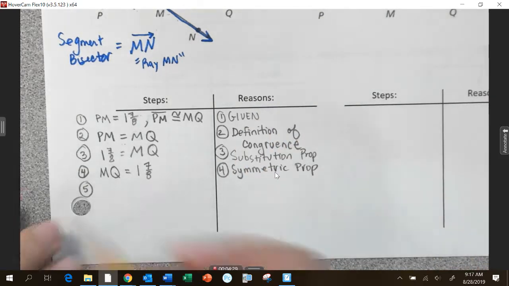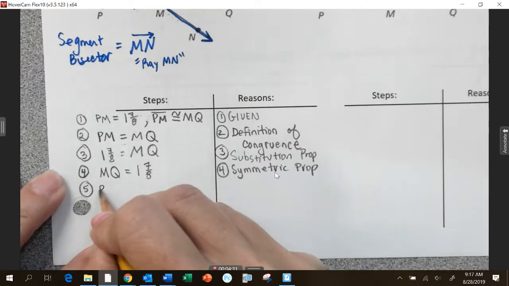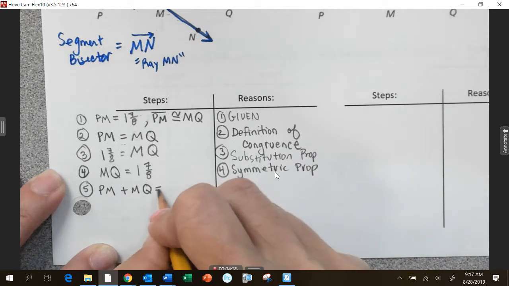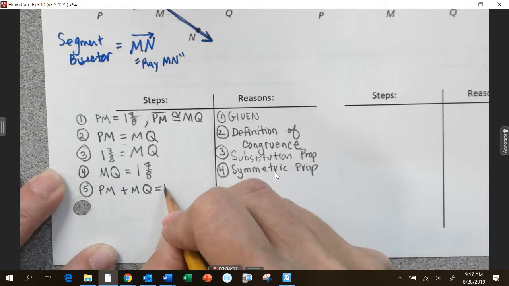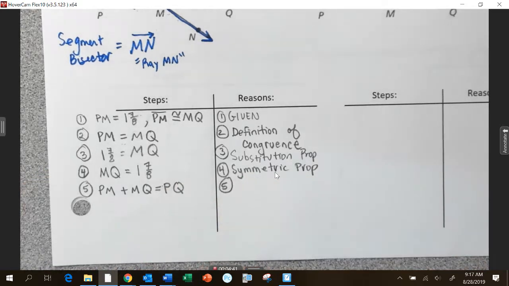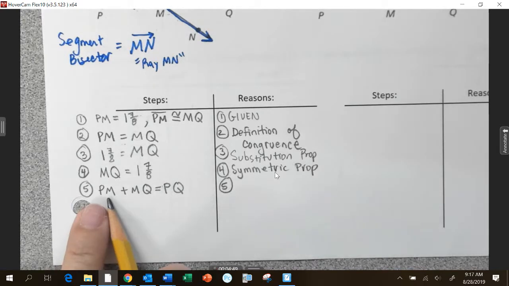So what we're going to say next is PM plus MQ equals PQ. You guys are going to say that looks familiar, like we just did that the past 2 days. Does anybody remember why I can say PM plus MQ equals PQ?